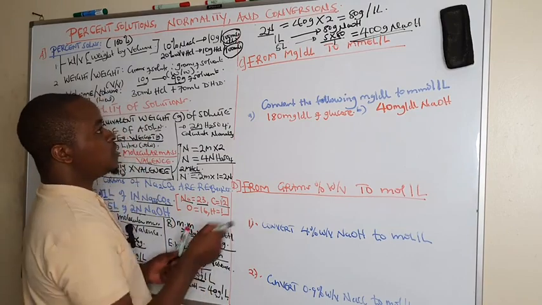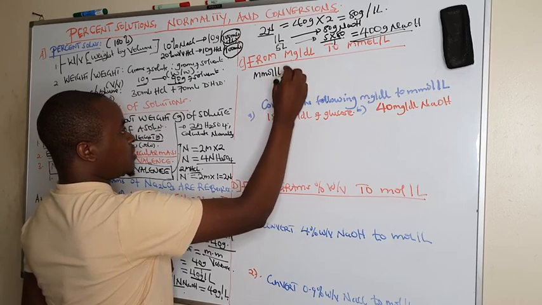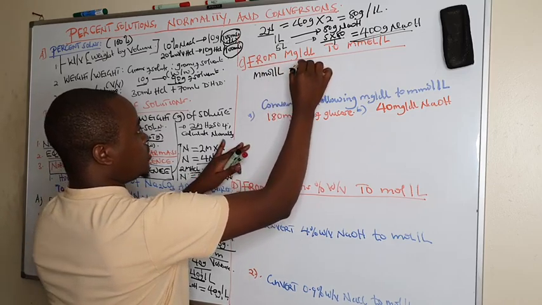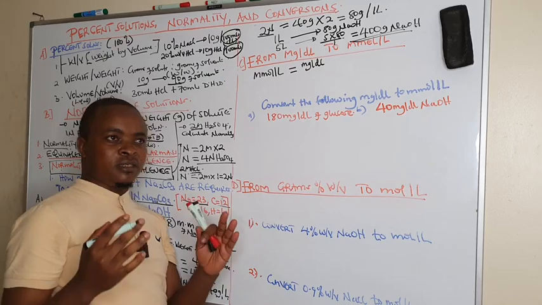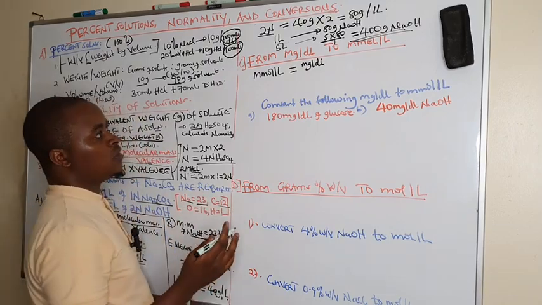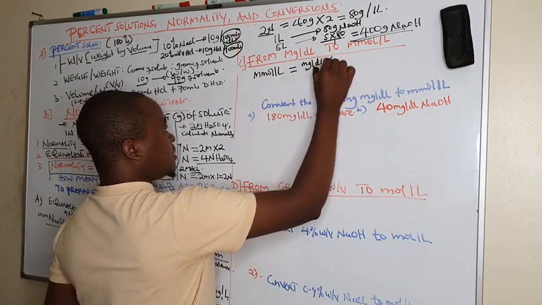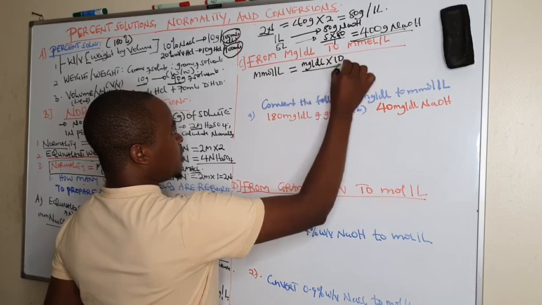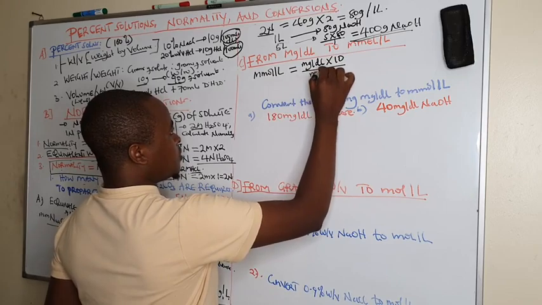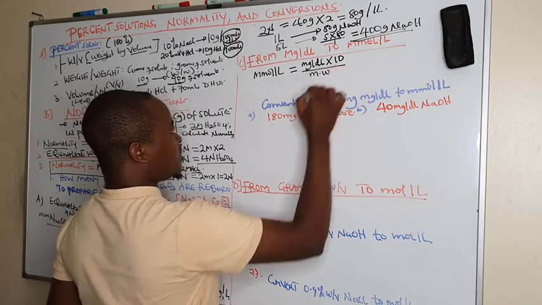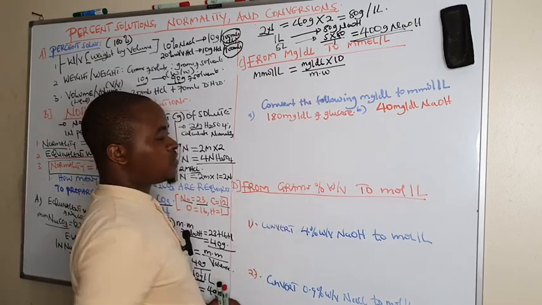And we are going to see that millimole, if I have millimole per liter, is the same as milligrams per deciliter, and per deciliter it is the same as per 100 mils, because 1 deciliter is equivalent to 100 mils. So you get milligrams per deciliter times 10, then you divide by the molecular weight or molecular mass of that substance.